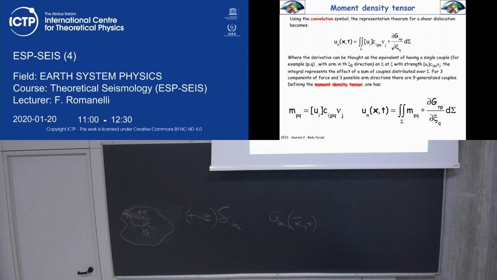As I told you, we can imagine this as a set of couples with different directions, forces acting on P, arm in Q, and the strength is related to u, actually mu, and so now we're getting a vision of what will be the moment tensor, the seismic moment, and it's following a distribution on the fault. Okay.